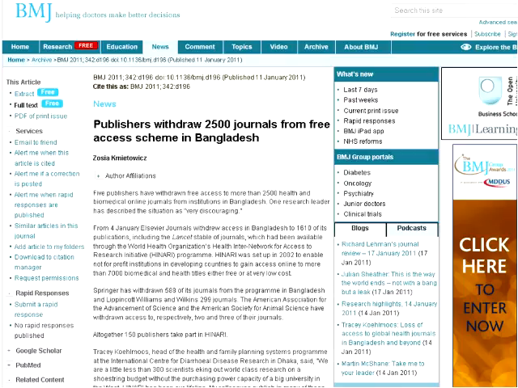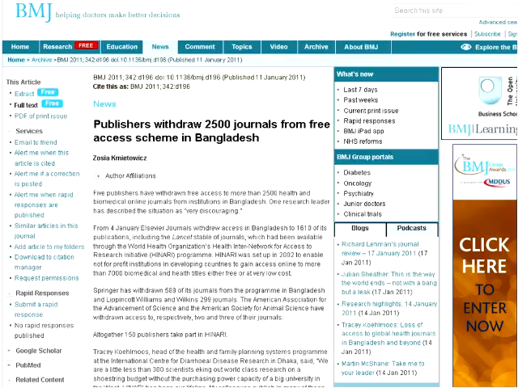And there was a huge outcry over this, but of course the publishers were actually well within their rights. They had never said that anyone had access to these articles in perpetuity through this scheme, and they had donated them as a gift, and they were entitled to withdraw that gift at any time. Actually, after quite a large outcry, the publishers reinstated access. But I think for a lot of people it really pulled up the difference between free and open access.